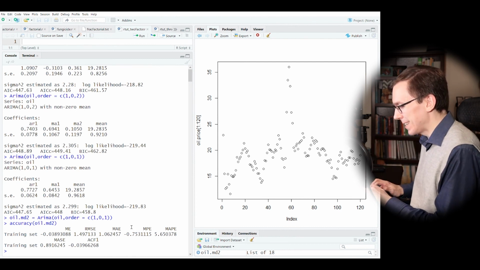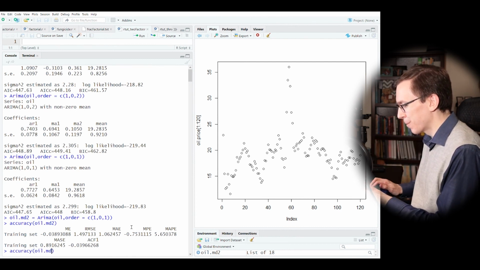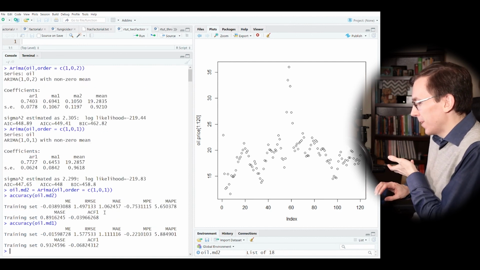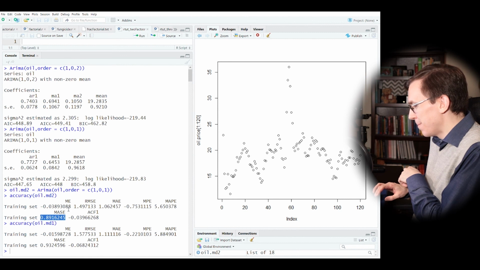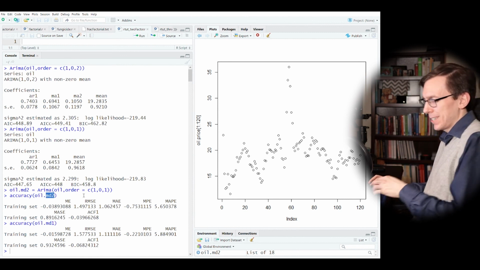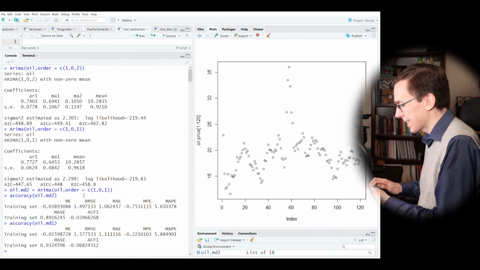Again, they're not the most intelligible values. They're really meant more for comparison purposes. But if we look at model 1, we do see that the forecast accuracy is bigger. In these cases, it looks like overall model 2 is doing better than model 1. So the ARMA 1-1 is actually not so bad for this case.